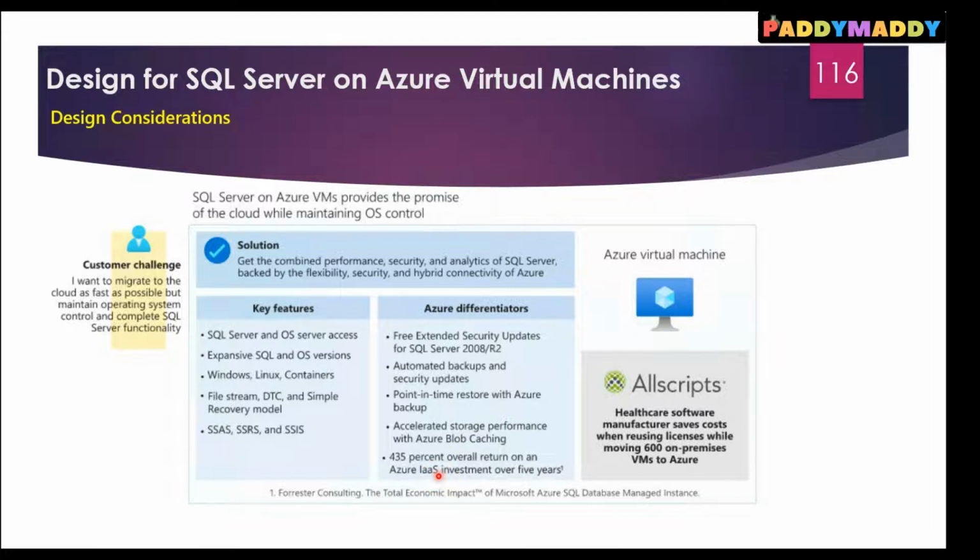There was also a 435% overall return on the Azure infrastructure investment over a 5-year period. This is another impact for the customer when they moved to Azure Virtual Machines based SQL services. That's a great benefit for them, and they were happy with that.